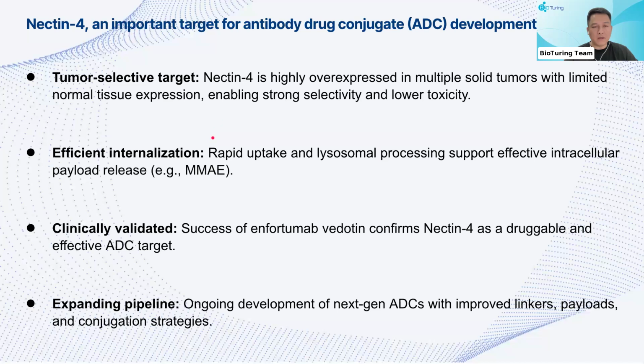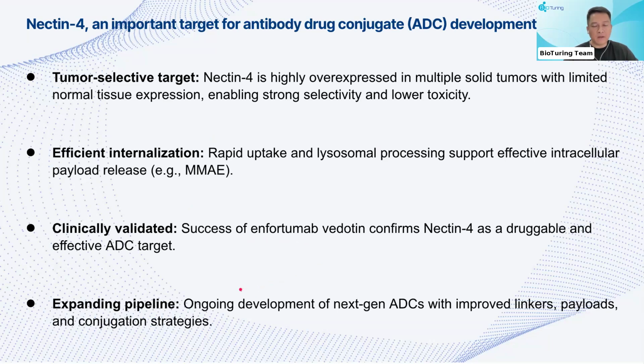And especially, Nectin-4 has very rapid uptake and lysosomal processing, which is very important for efficient internalization. It's very important for the ADC, and it is also clinically validated. One drug has been approved, enfortumab vedotin, which I think is reimbursed to treat bladder cancer, confirming Nectin-4 as a druggable target for ADC.